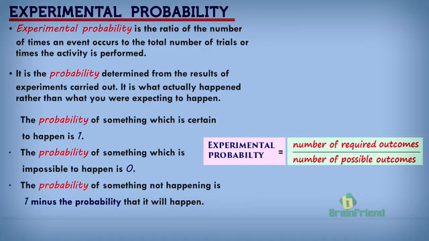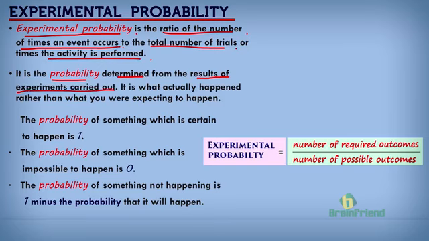Next, we'll learn about experimental probability. What is an experimental probability? Experimental probability is the ratio of the number of times an event occurs to the total number of trials or times the activity is performed. It is the probability that is determined from the result of actual experiments that are carried out.